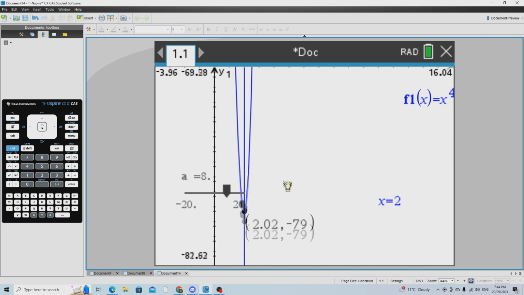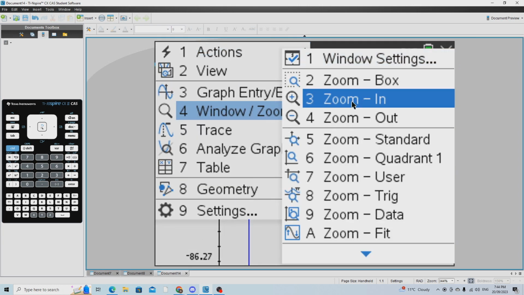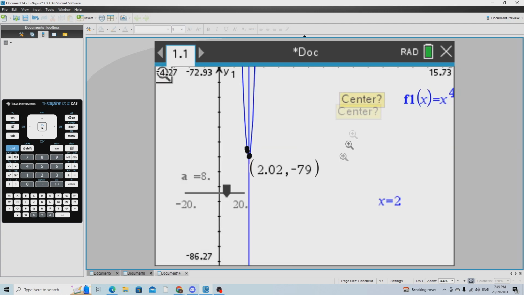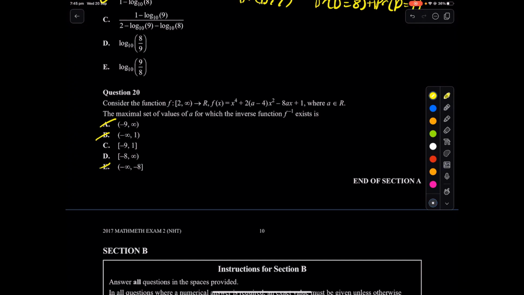Sorry guys, my recording just stopped. So what's happening? Again I want to zoom in and have a look. No, this is good, because this over here is a nice slope. If you do the horizontal line test, it passes. So taking it to infinity works. It looks like D is the only answer here.